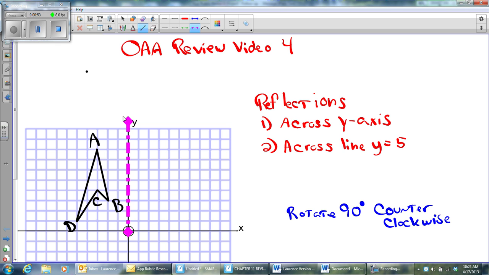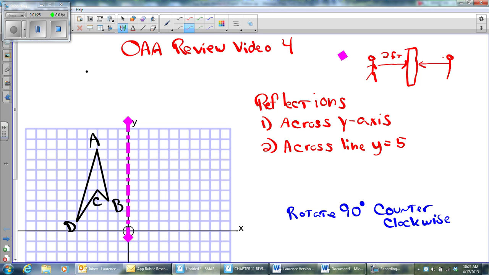I don't know if you ever thought about this. When you look at yourself in the mirror, the distance you are from your image is actually twice as far away. If you're standing here and the mirror is here, and this is a distance of, say, 2 feet, your mirror image actually looks like it's 2 feet deep in the mirror.